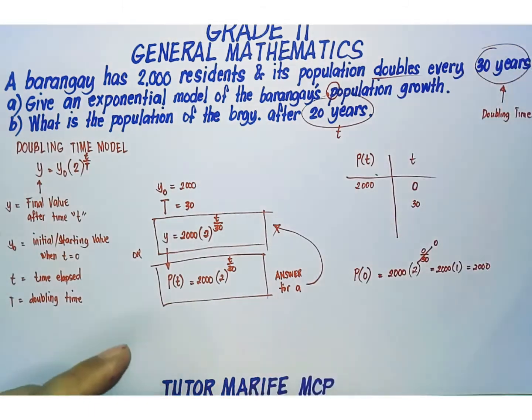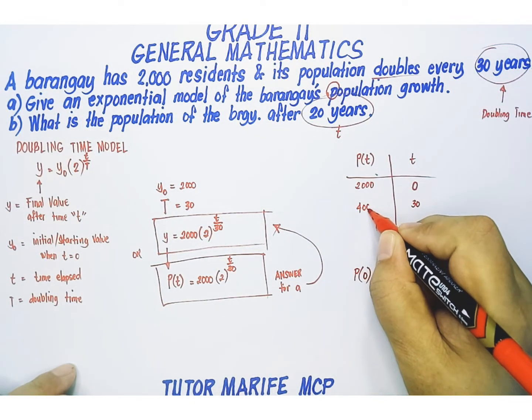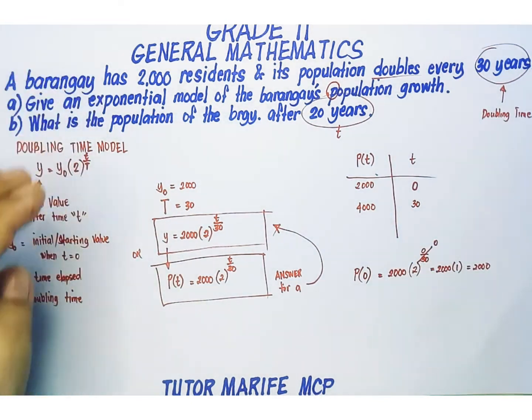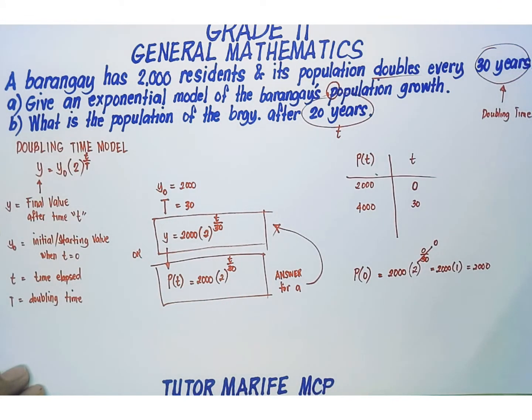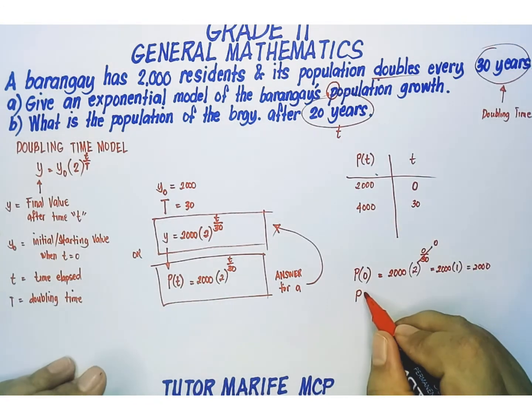Magdo-double na yung initial population na 2,000. Ano ba ang doble ng 2,000? It's 4,000. Yung residents ng barangay, magiging 4,000 na. Okay, let's check using our model kung 4,000 nga ba ang lalabas.